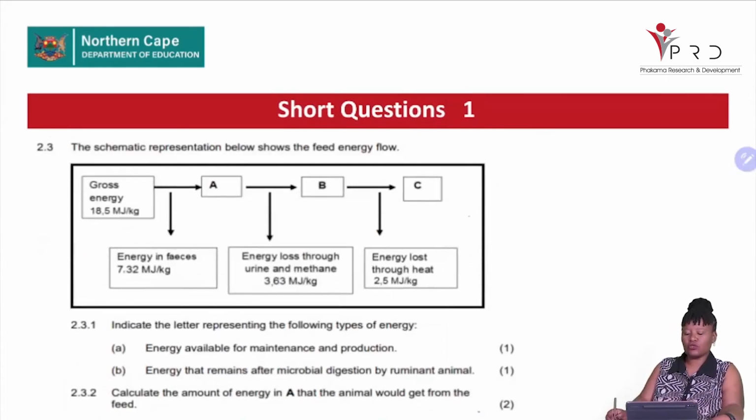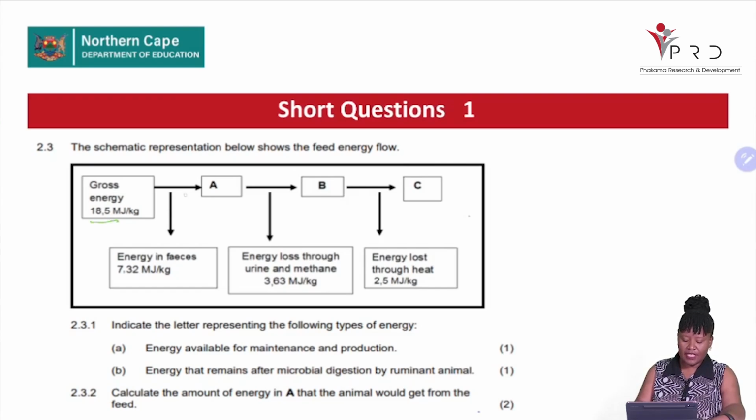Let's look at short questions that talk to this energy value of feed. You must expect to be given a schematic representation at some point which will show the feed energy flow, as it is on this 2.3. You are given gross energy which is 18.5 MJ per kg.